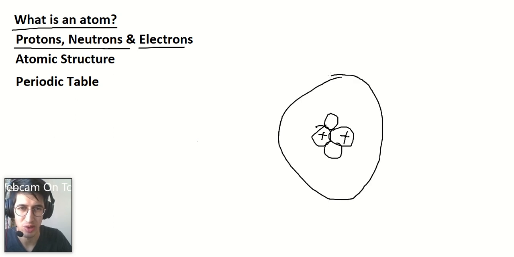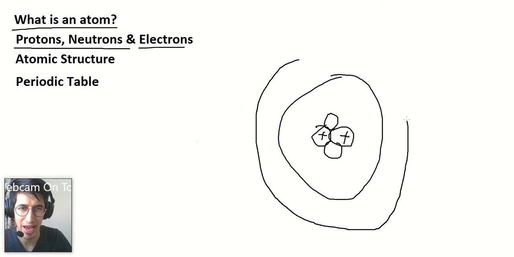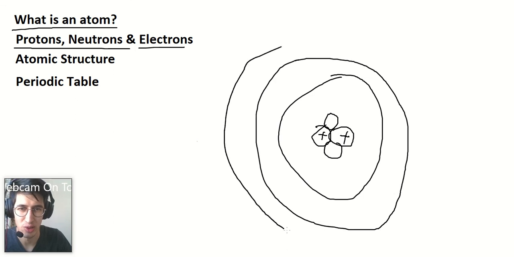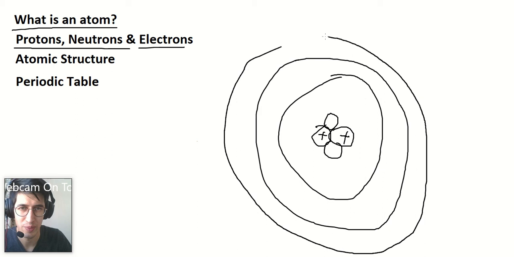There are lots of shells, and there are actually patterns to where the electrons can go on these shells. The first shell can have a total of 2 electrons maximum. The next shell can have 8, and the next shell likes to have 8, although it can have other numbers sometimes.